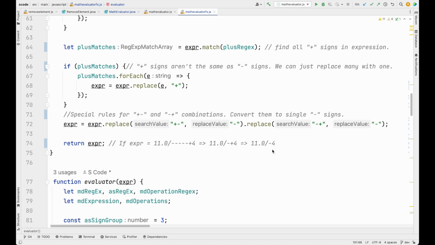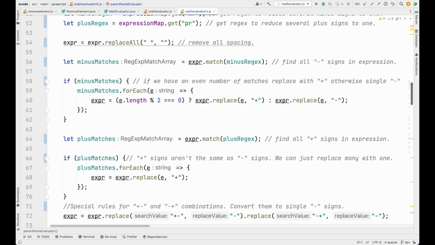Then we reduce it even further by just taking the plus minus combination that we see according to our rules above, and we substitute it with just a single minus sign. So now we have 11.0 divided by minus 4, which is a lot easier to solve than the original expression that was passed in this hypothetical example.